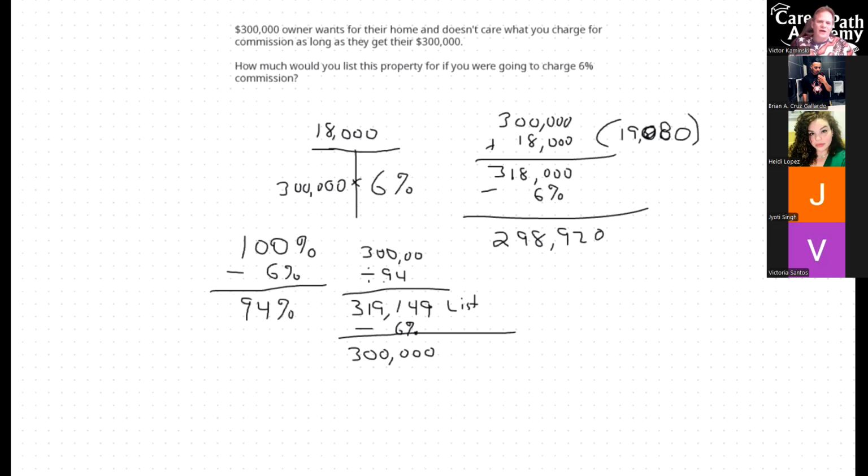So the way to calculate it exactly is you start with 100% of the value. You subtract the 6% that you want. That's 94%. So you take the amount divided by the 94, and that's how much you should sell it for. And then you can subtract your 6%, and it'll still work out to the exact number that the owner wanted.